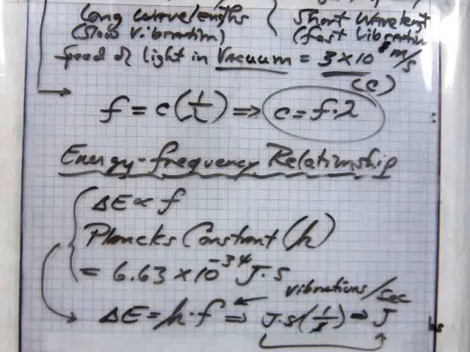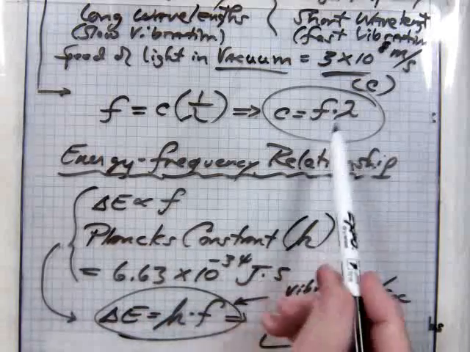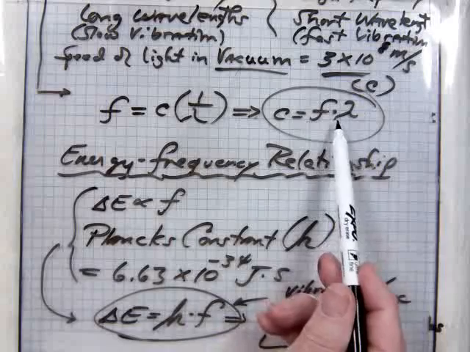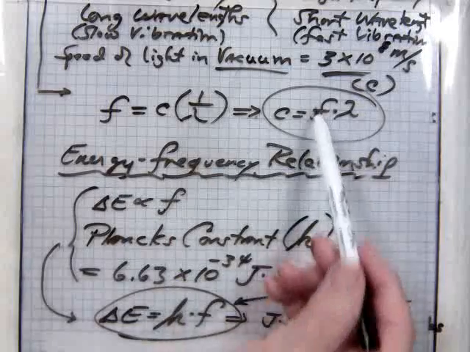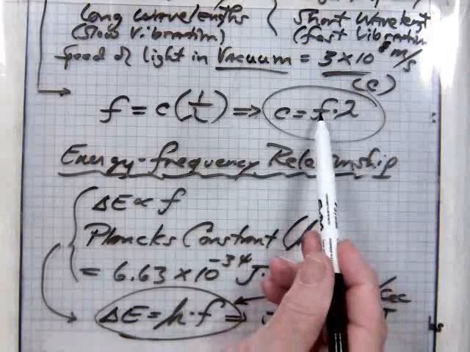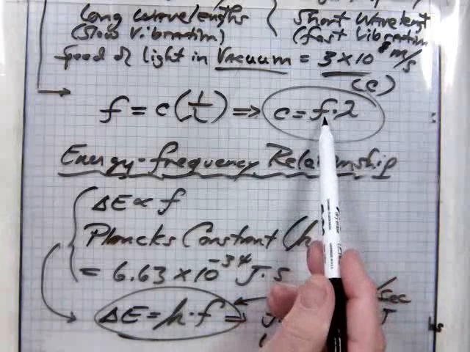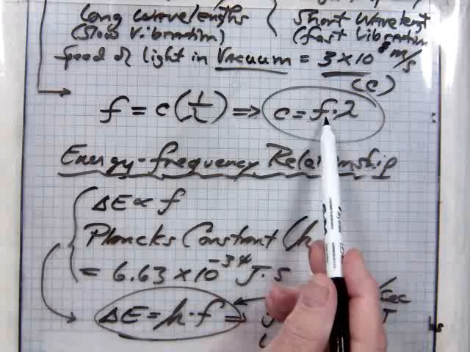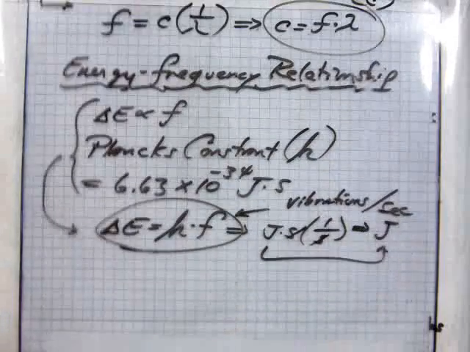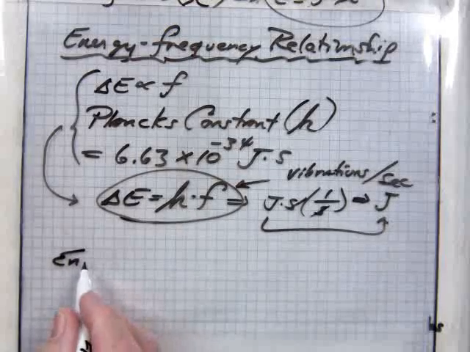Now, where we are is we have equation 2, and we've derived this equation here, c equals f lambda. What we want to do for the third equation is combine these two into a single equation simultaneously through frequency. Both of the terms have frequency. So if I solve for frequency in the first equation, and whatever I get, I substitute into the delta E, I will have our third equation, the energy wavelength equation.